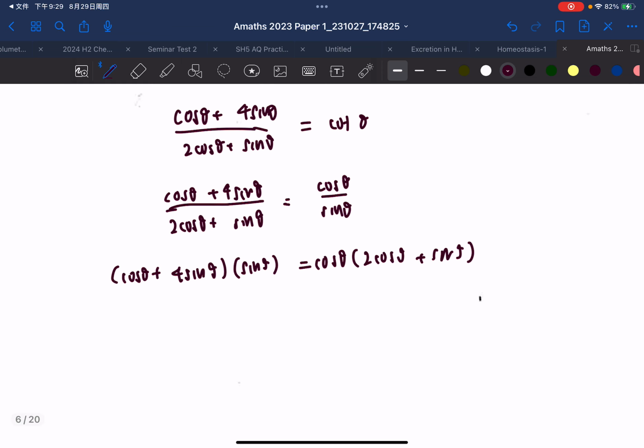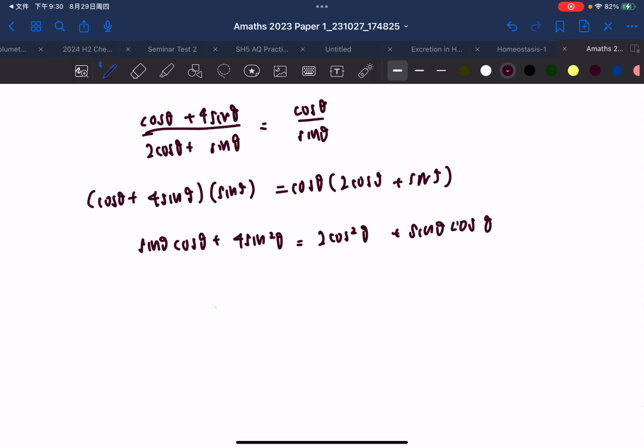At the end of the day we will get this. And if you move everything to one side, you will realize this is what you end up with.